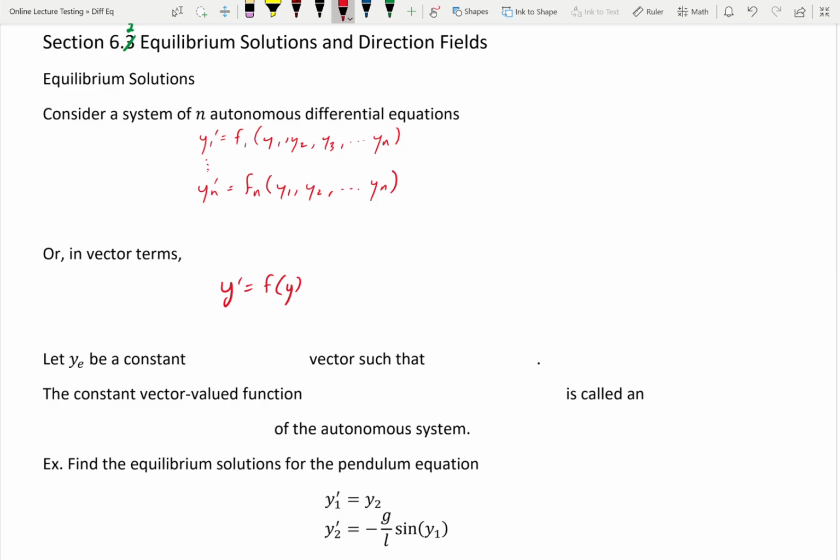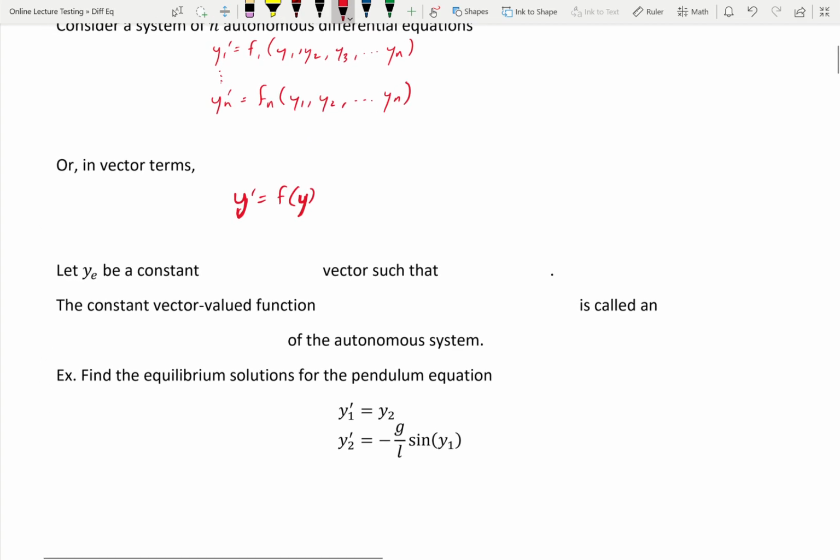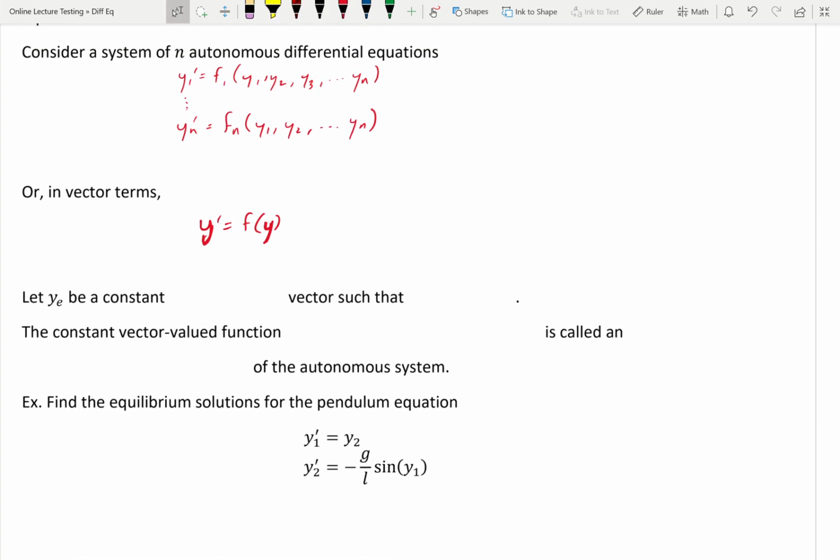Again, when we bold these, they represent vectors as well. Now that we're dealing with the system, we're going to define a new thing here. We're going to let y sub e be a constant n by 1 vector such that f of y sub e is equal to 0.